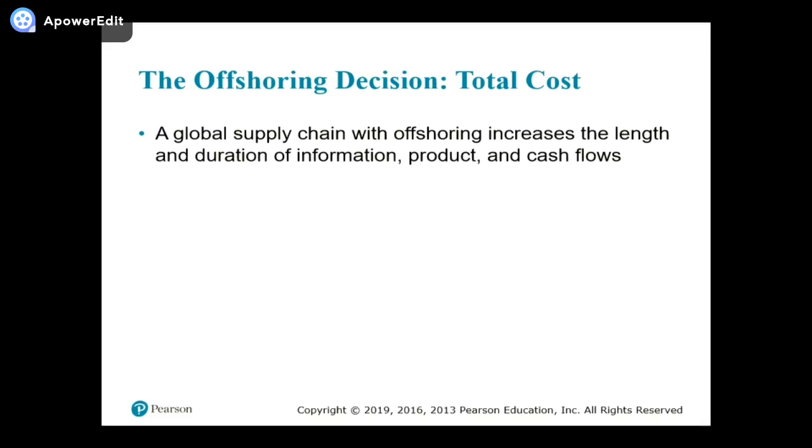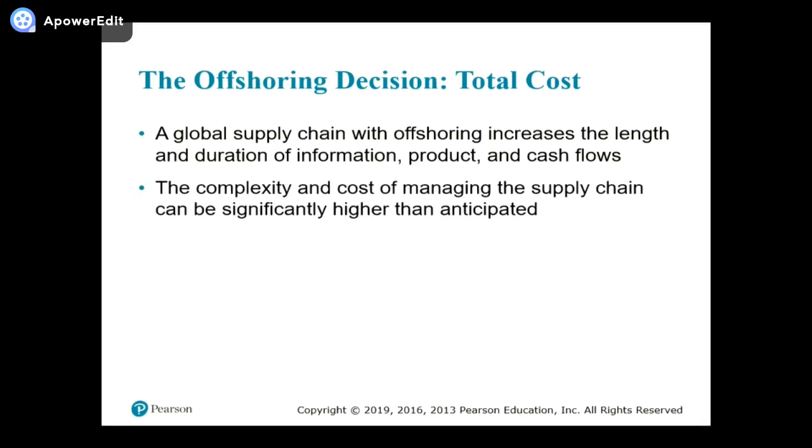For one, if we're offshoring part of the supply chain, then typically the length and duration of the flows of information, products, and cash will be elongated. And that will reduce responsiveness of the supply chain, and there is cost involved in that. And then the complexity of managing the supply chain can be significantly higher than anticipated.